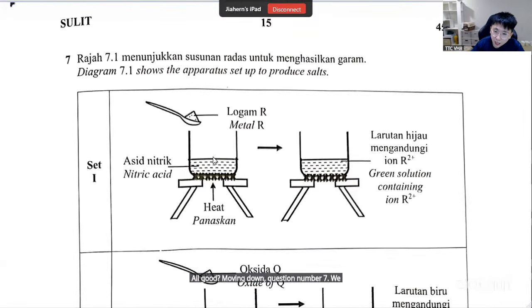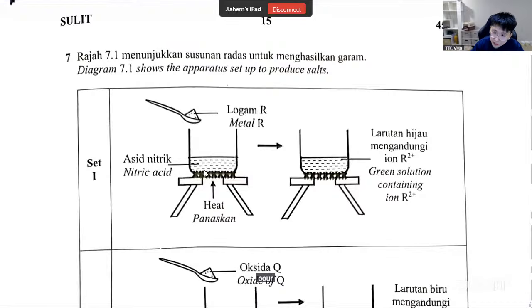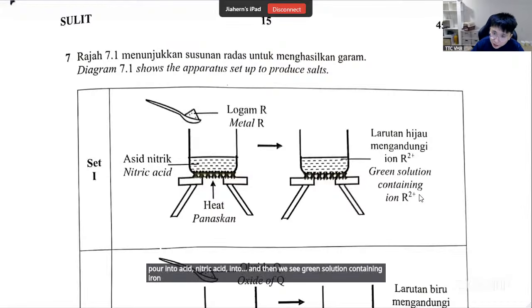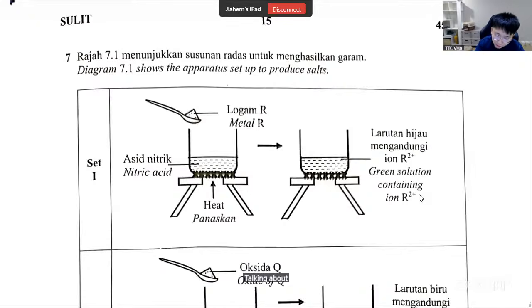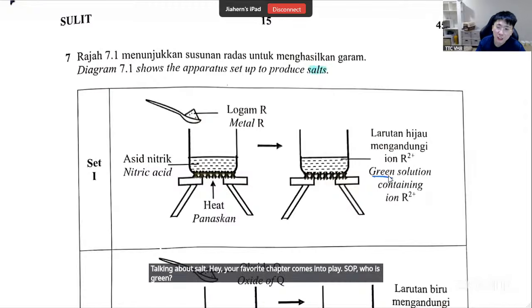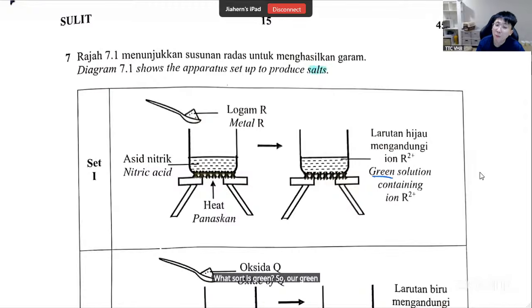We have metal R, poured into nitric acid, and then we see a green solution containing ion R2+. So guys, talking about salt, your favorite chapter comes into play. Which salt is green? Our green salts have multiple choices: CuCO3, and anything with Fe2+.